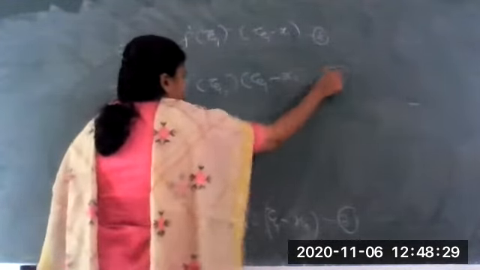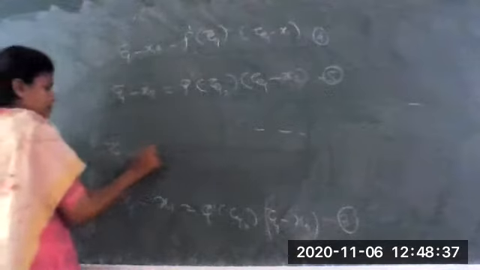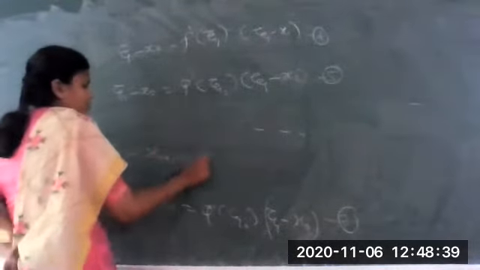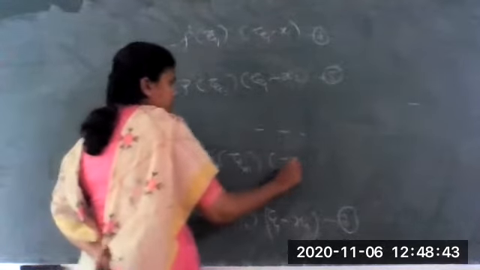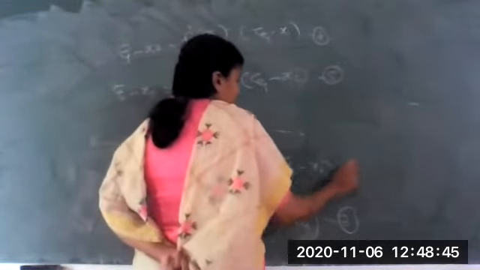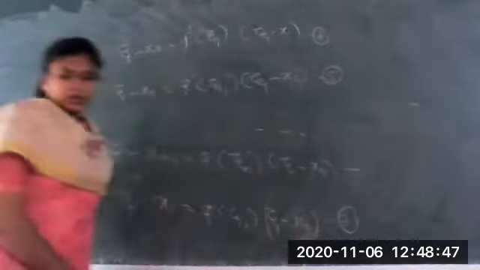That is our equation number 5, and so on. In this way we are getting the equations. In general, zeta minus xn plus 1 equals phi dash of zeta n into zeta minus xn. That is our nth equation.